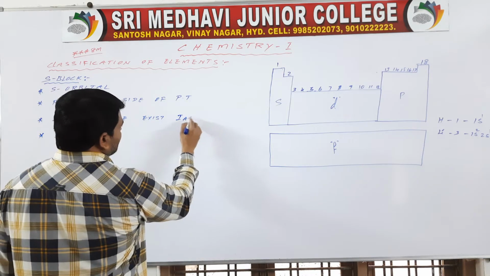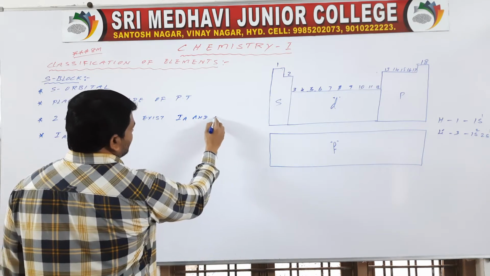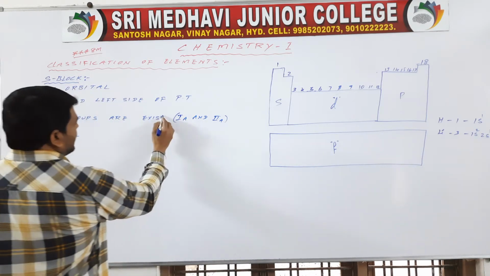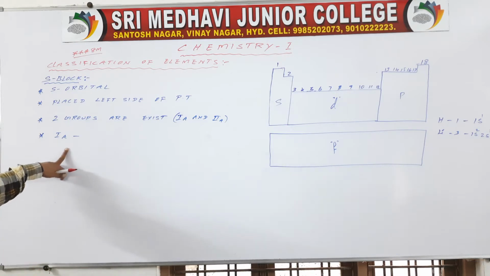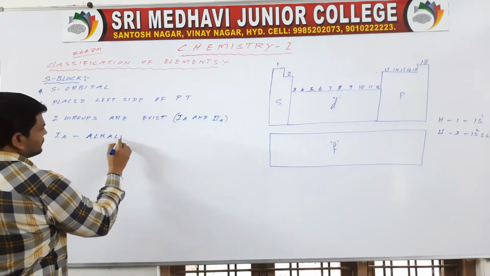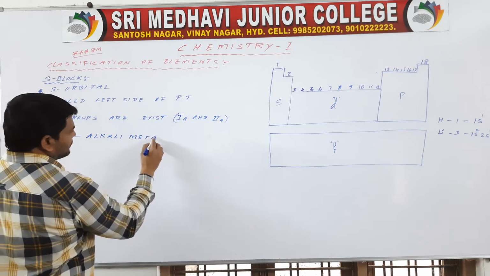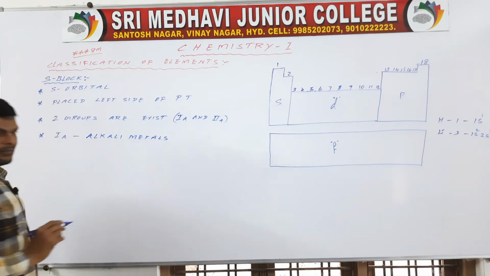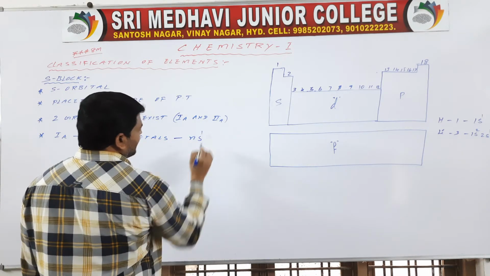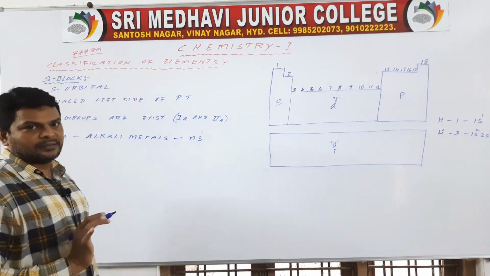They are IA and IIA. The IA group elements are called alkali metals. Their valency shell electronic configuration is ns1.